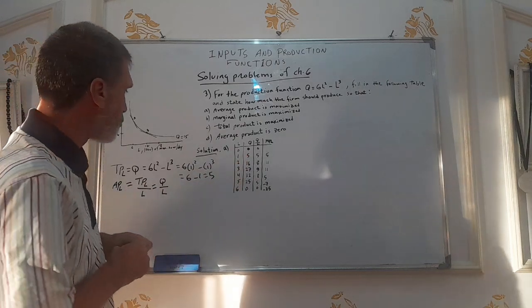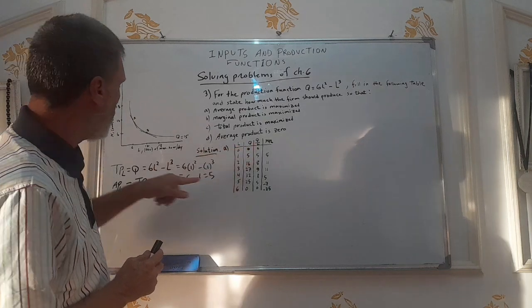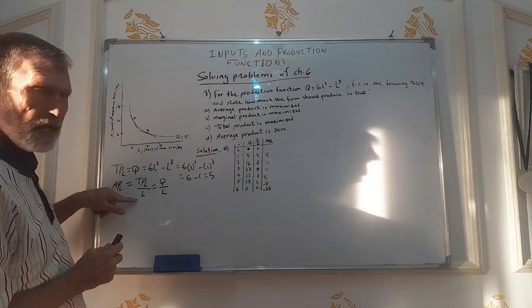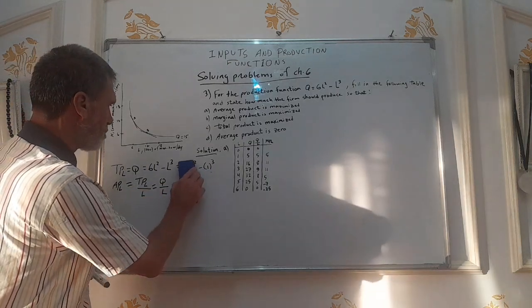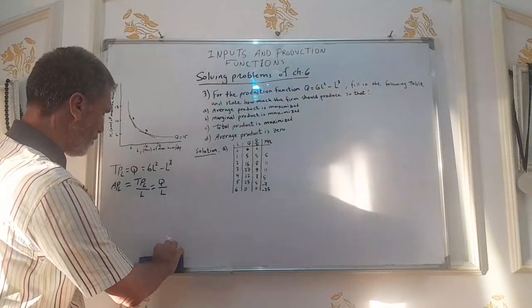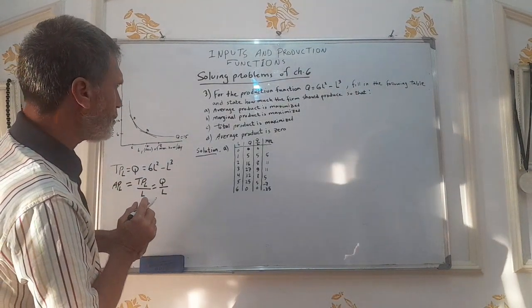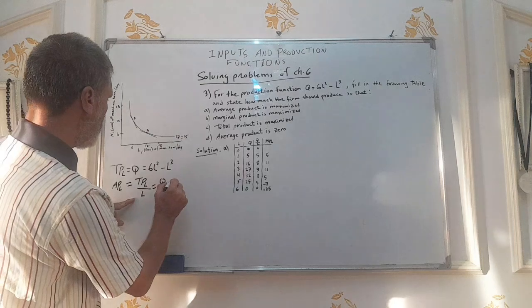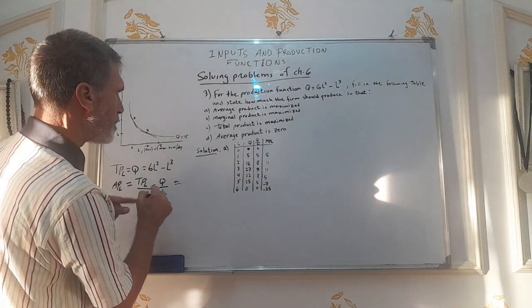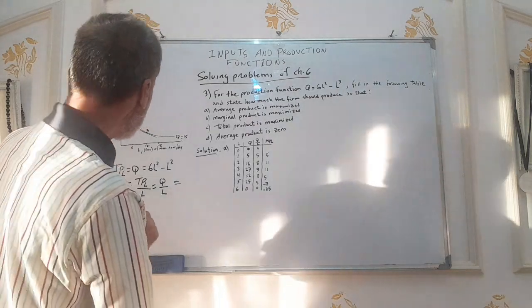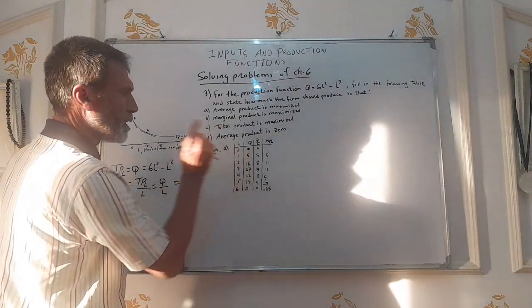Now, what about the average product of labor, which is Q over L, or TPL over L? We just fill out this table the same way. When L equals 0, total product is 0.